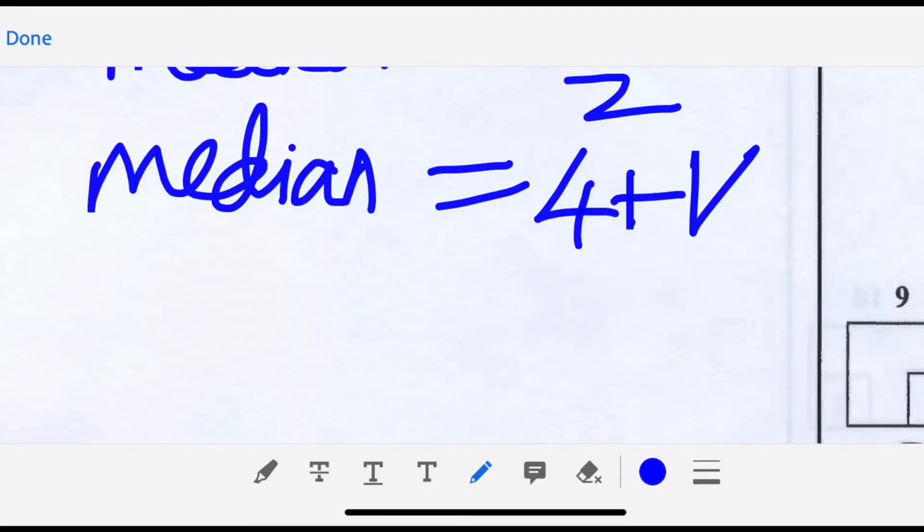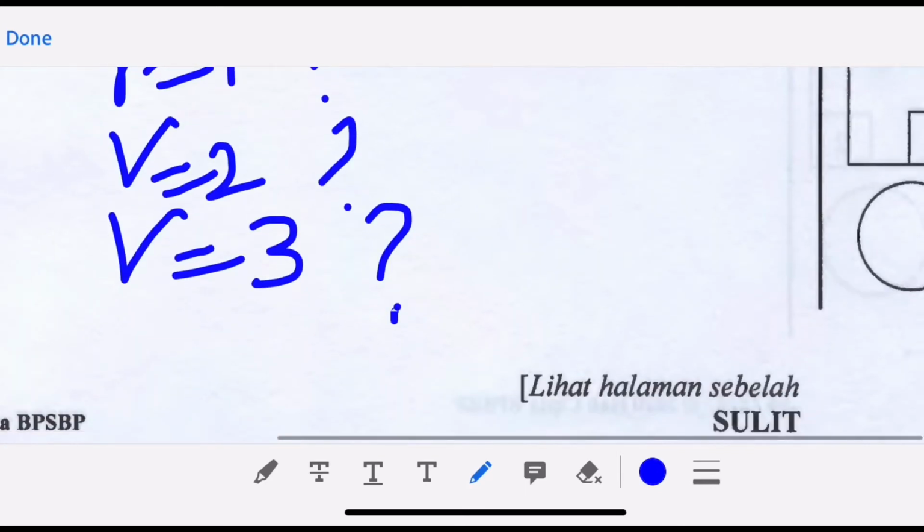Okay, let's see. So the median is 4 plus v. When the median is 4 plus v, that is so-called in terms of v, right? That's the answer. Now you have to think how to find v, so you study the table. Let's say v is 1, is the arrangement of the data in the table possible?